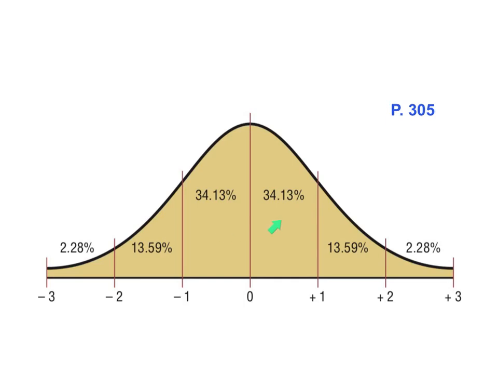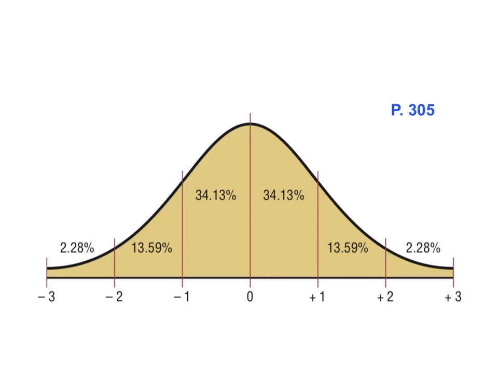Inside here, in between the 2 standard deviations where we've known it as 68% of the data, it's actually 68.26% of the data, 34.13% and 34.13%. And then we can add on to that all these different amounts.